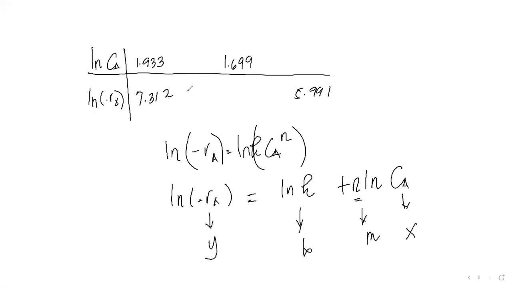Joanna, second RA is 7.8. Sorry. The first RA is 7.312, and the second RA is 7.8. Then 8.249. Eugene, the third RA is 6.68.